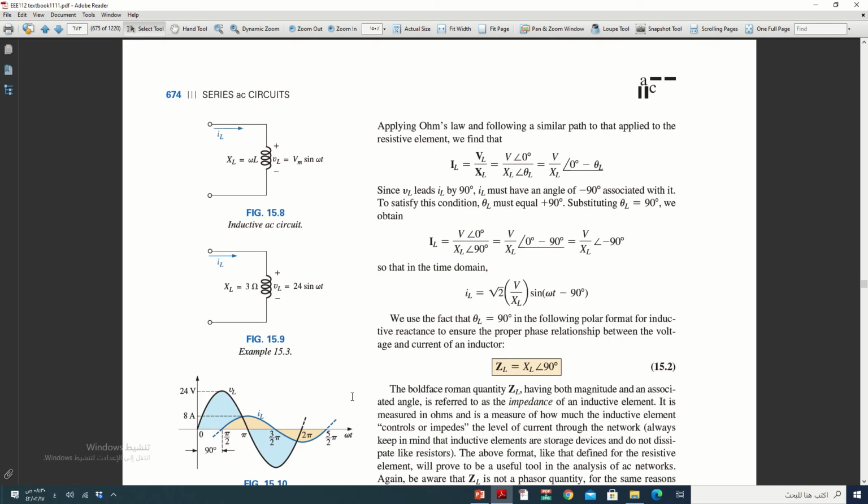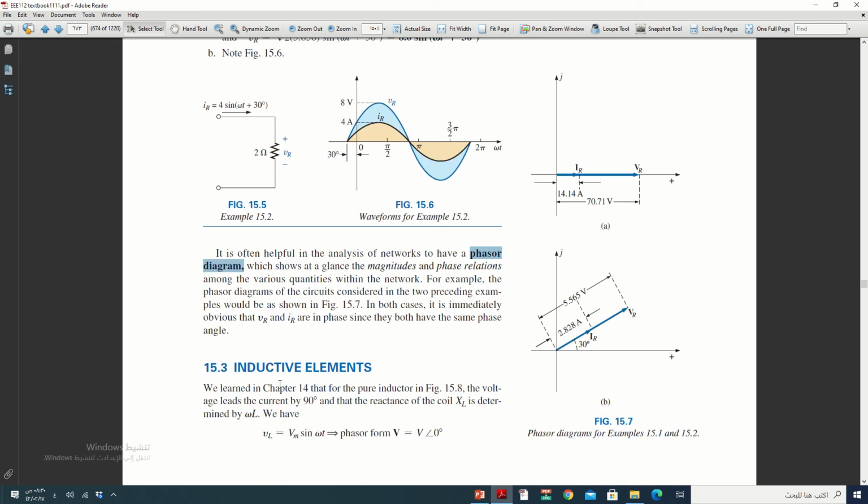Okay, now we'll talk about inductive elements. We know that if we fix the voltage with angle 0, VL is Vm sine omega t, the phasor form will be V with angle 0 since there is no shift here.